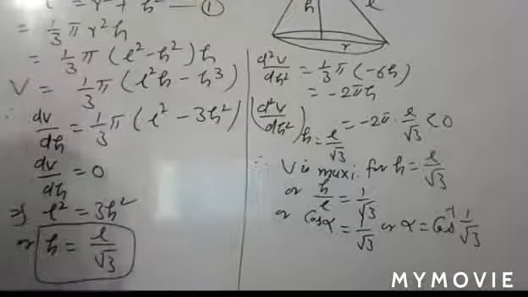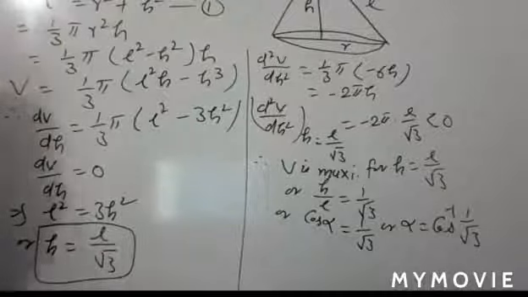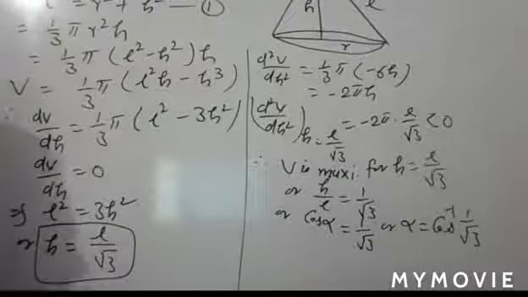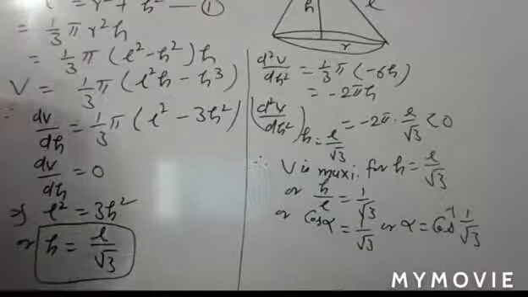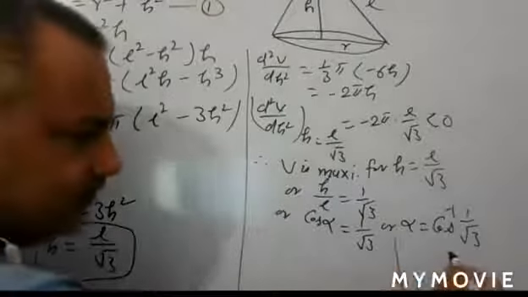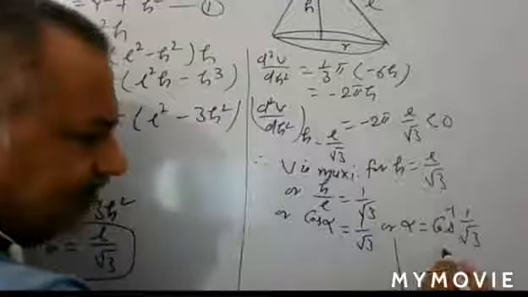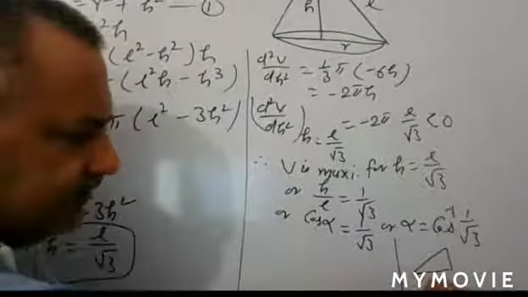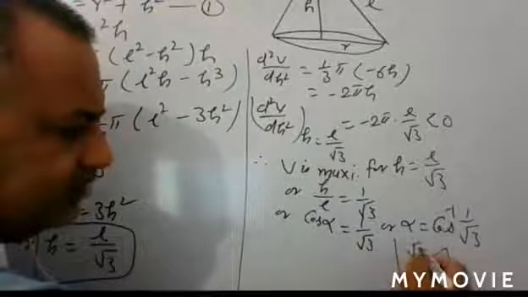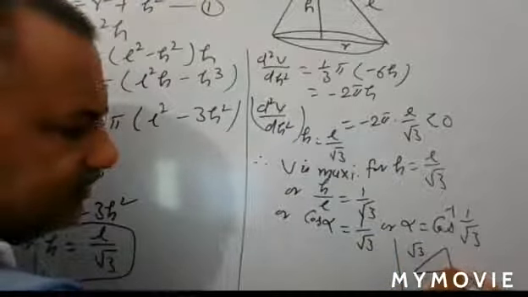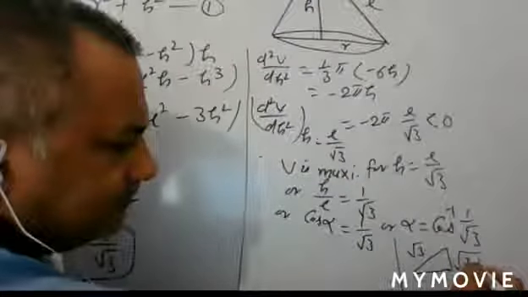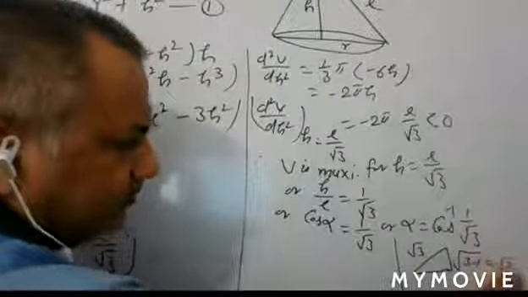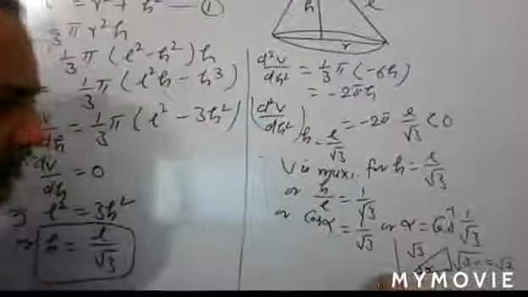Understand? Now here you have two methods. If the value of cos alpha is 1 by root 3, with the help of a triangle, you can very easily find the result in terms of tan also. So here you have a triangle. Base is 1 and hypotenuse is root 3. So what about the perpendicular? You have under root 3 minus 1, which is root 2, and this angle is alpha.